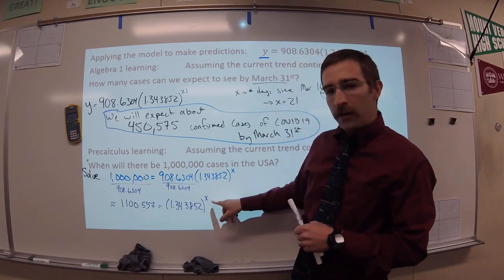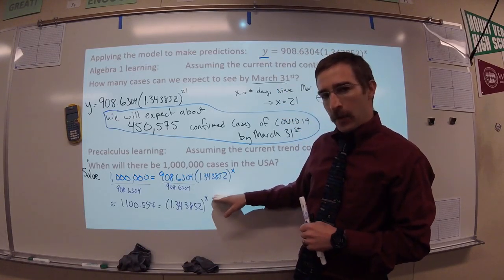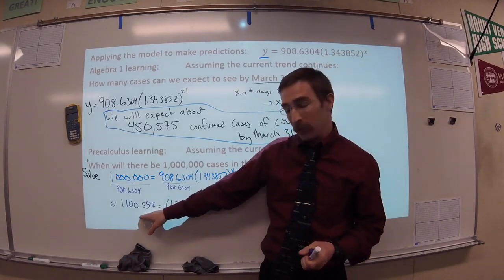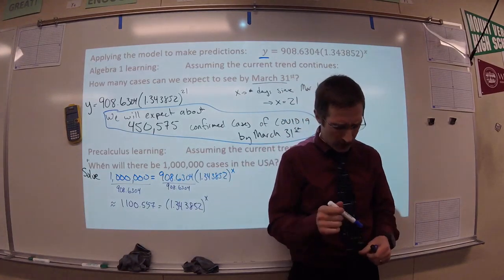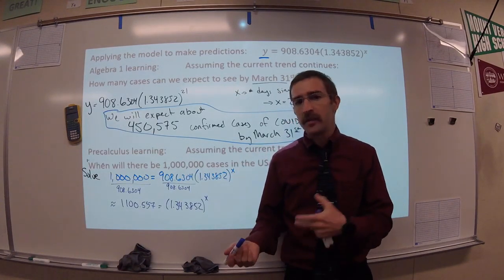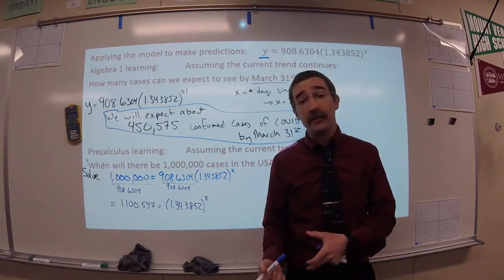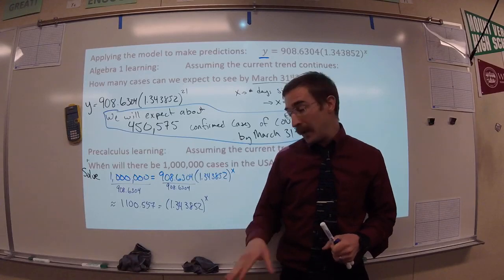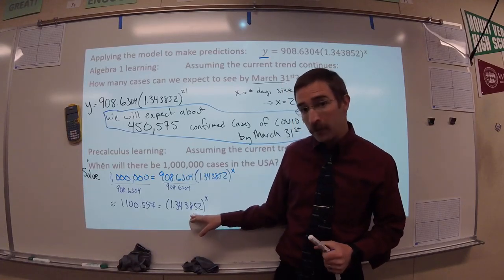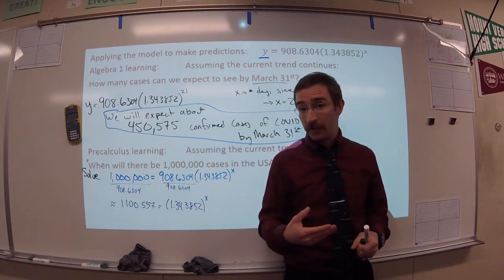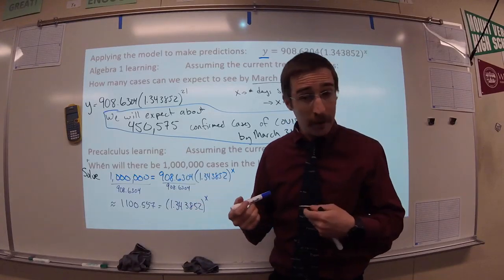So now we need to undo the fact that this X is in the exponent. We could just guess and check. We could put some numbers in and be like, this to a power, when do we get about that? What we're going to do instead is use the inverse to the exponential function, and the inverse to the exponential function is the logarithm function. Now we could take log base that fun number and then use our change of base formula, or we can use the property of logarithms, which is what I'm going to choose to do.